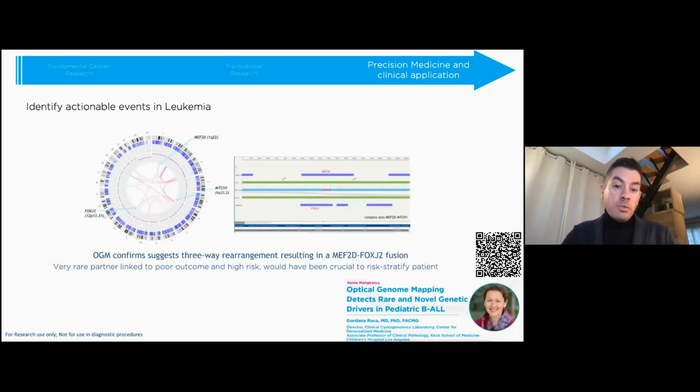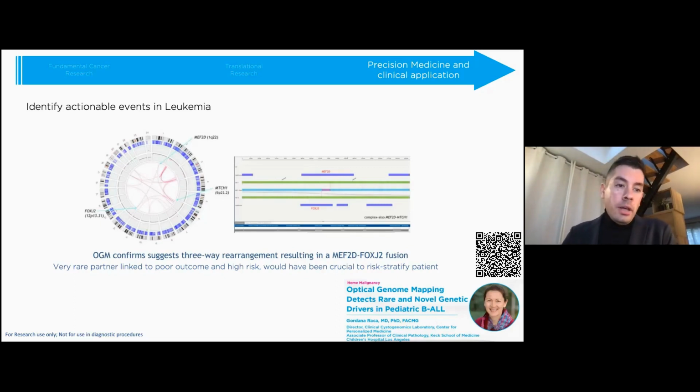And to their surprise, when they ran optical mapping, it reported numerous rearrangements they were completely unaware of. And this is most likely due to the fact that leukemia cells can sometimes not grow or grow poorly depending on the culture conditions. And this really illustrates the potential of working from uncultured cells with optical mapping.